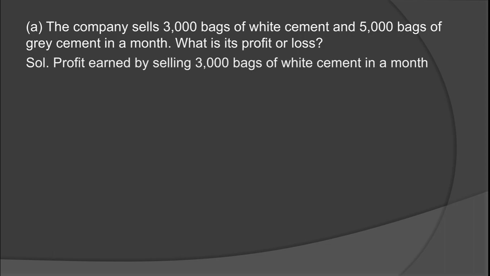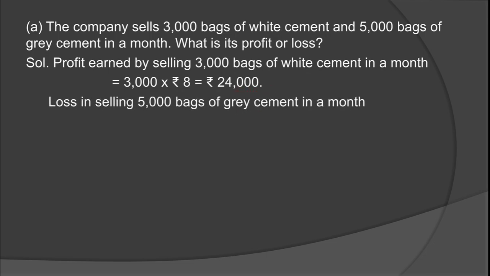So we can write profit earned by selling 3000 bags of white cement in a month is equal to 3000 into rupees 8. Why rupees 8? Because we know that the company earns a profit of rupees 8 in selling every bag of white cement. Hence, in selling 3000 bags of white cement, it earns a profit of 3000 into rupees 8 is equal to 24,000 rupees.